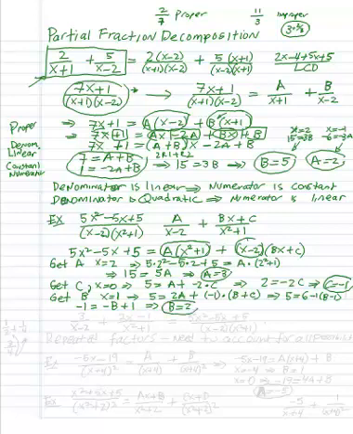And so our decomposition was like this: 3 divided by x minus 2 plus 2x minus 1 over x squared plus 1 is going to equal 5x squared minus 5x plus 5 divided by x minus 2 and x squared plus 1.